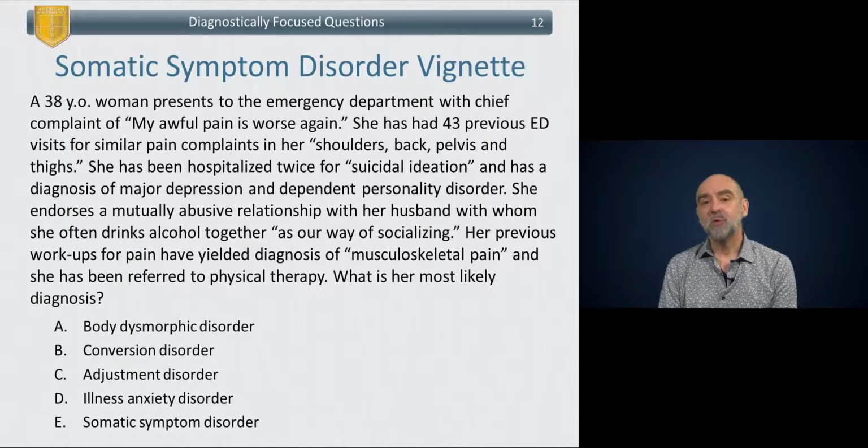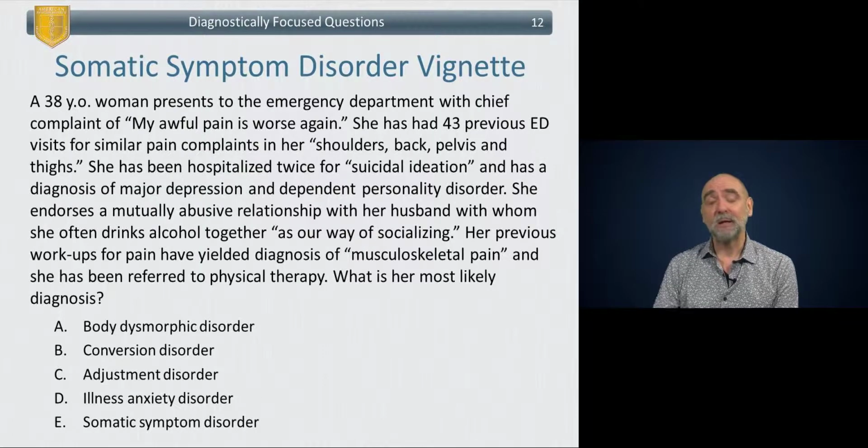She endorses a mutually abusive relationship with her husband, with whom she often drinks alcohol together as, quote, our way of socializing. Her previous workups for pain have yielded a diagnosis of musculoskeletal pain, and she has been referred to physical therapy. What's her most likely diagnosis?